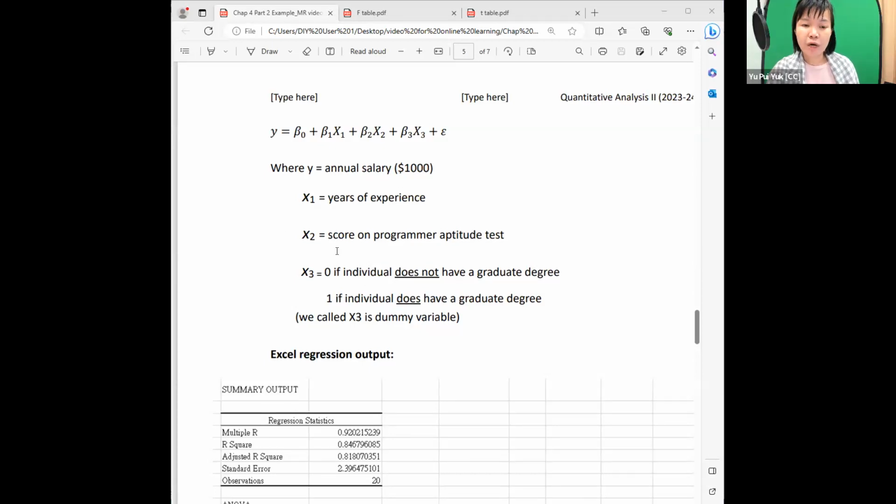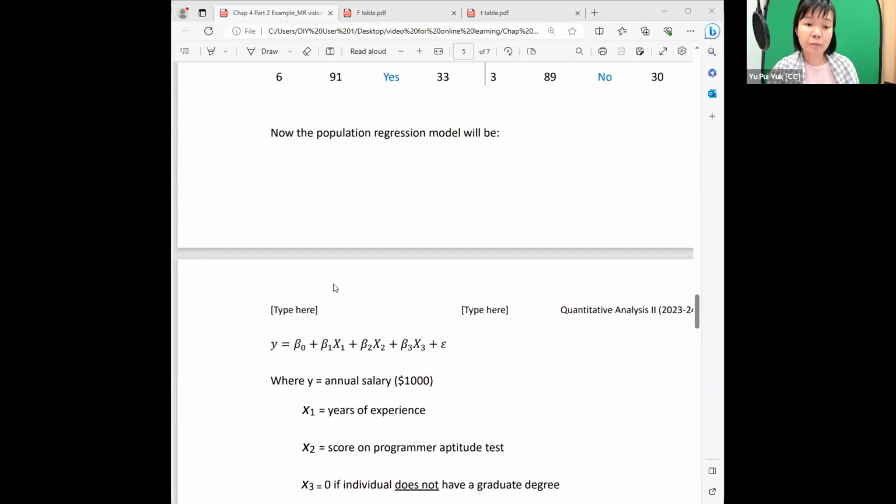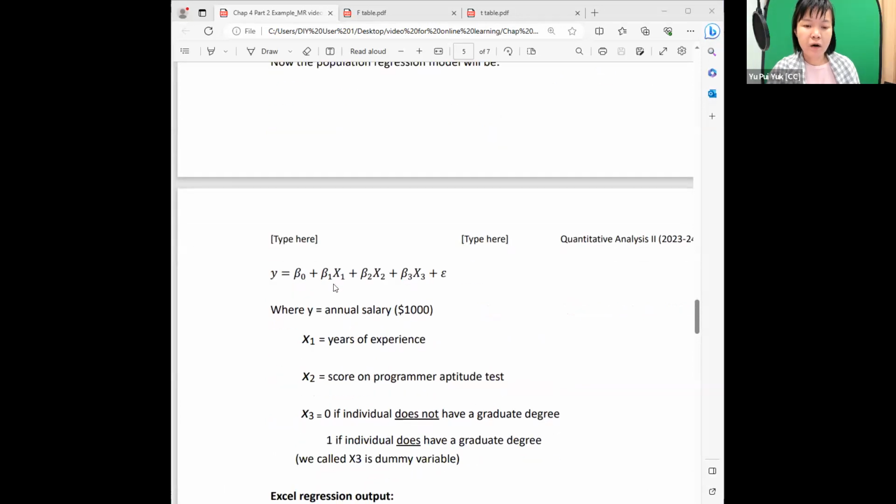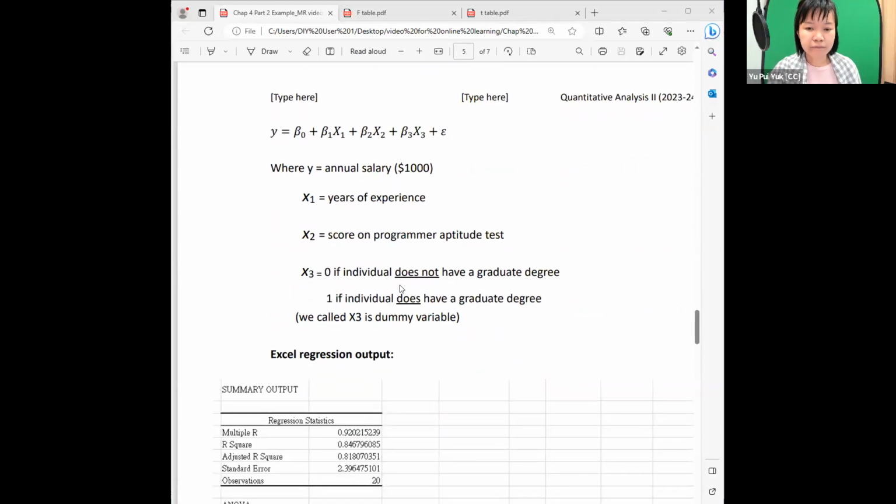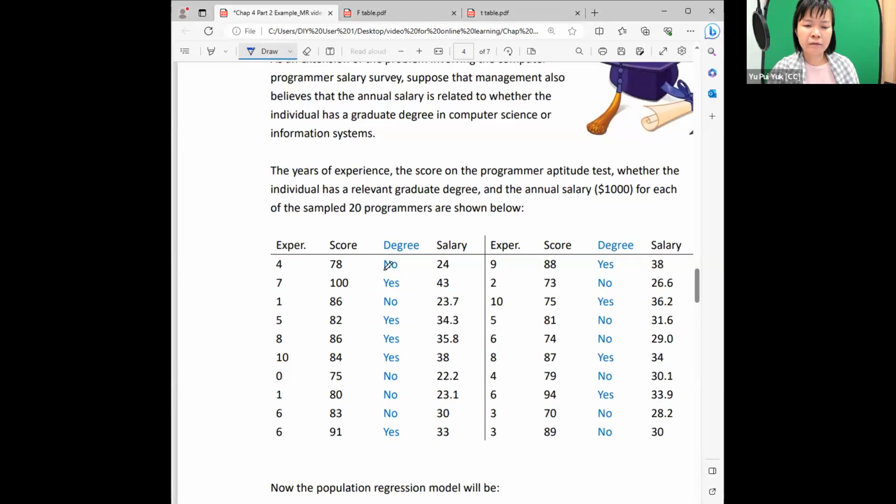Therefore, if we want Excel to run the multiple regression analysis for us, for X3, which is the variable degree, we can't just input the wording in Excel. It cannot be run, right?